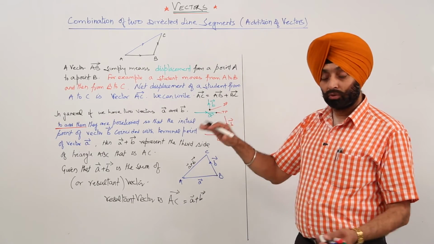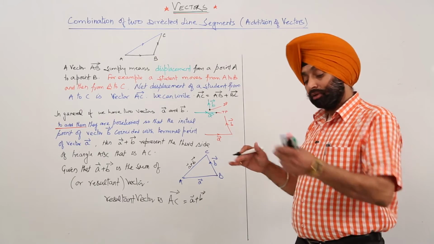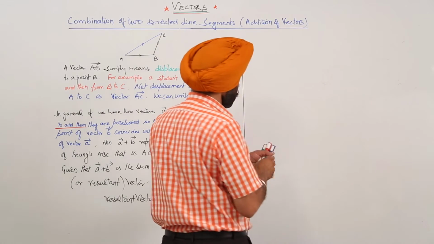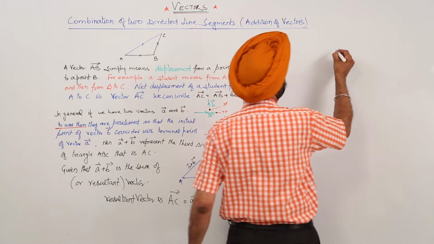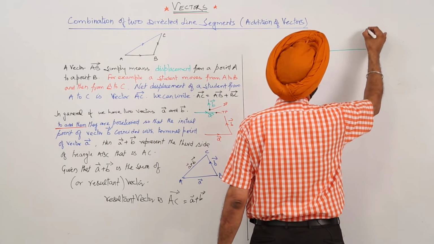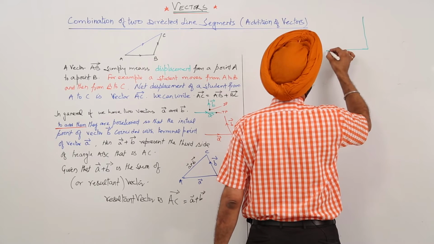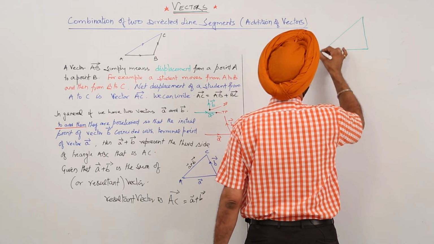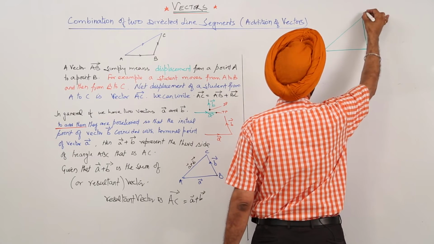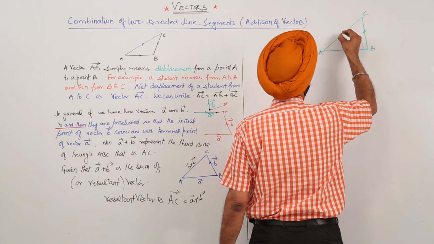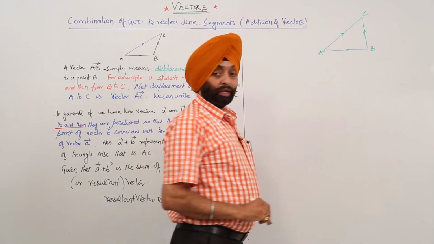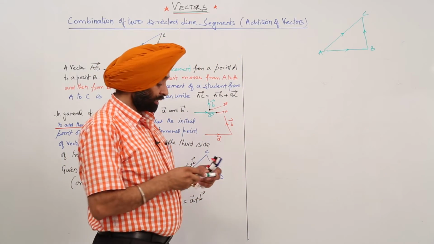Now, going with the same concept in a different manner. Suppose we have a triangle A, B and C. Arrows show us the direction.